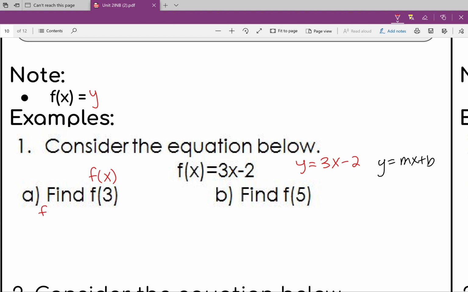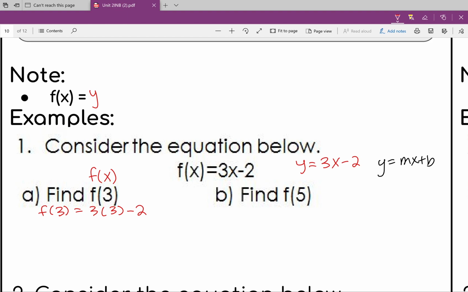So we have f of 3 is equal to 3 parentheses 3 minus 2. This 3 came from the f of 3, and the 3 and the minus 2 came from our original equation. Then we just need to simplify this.